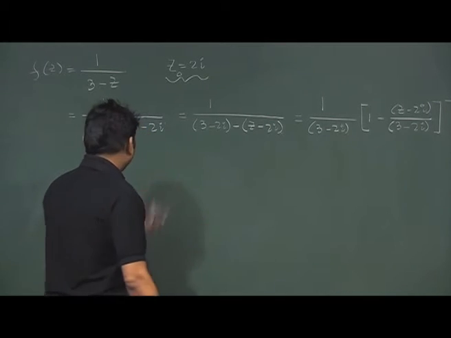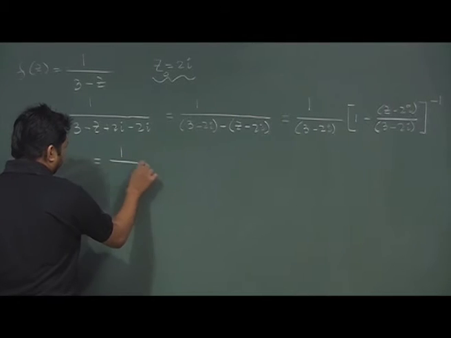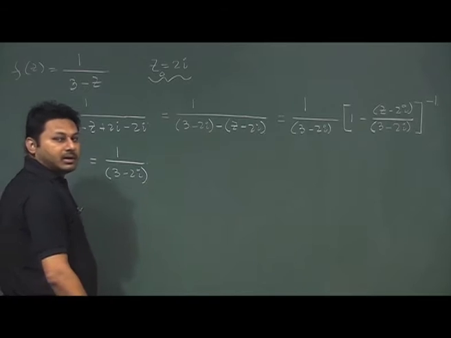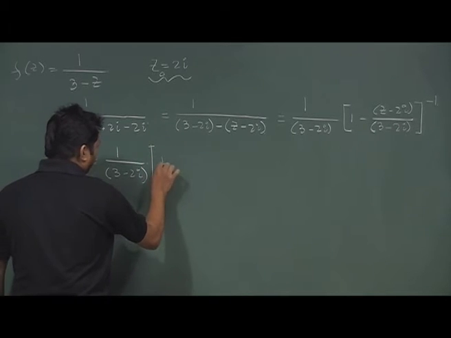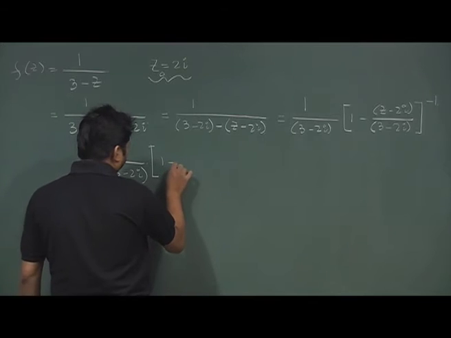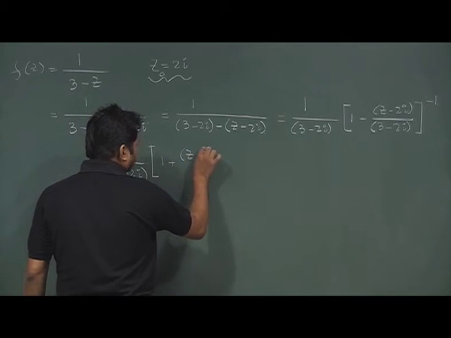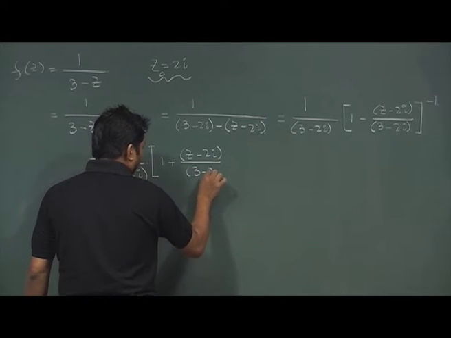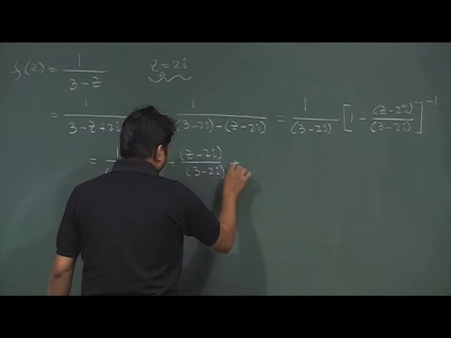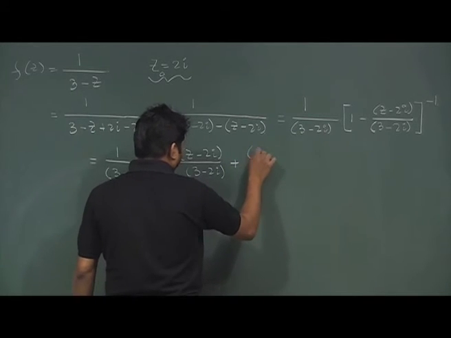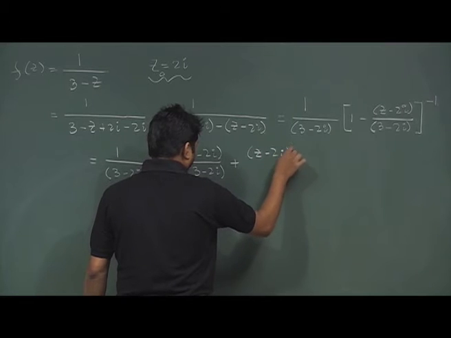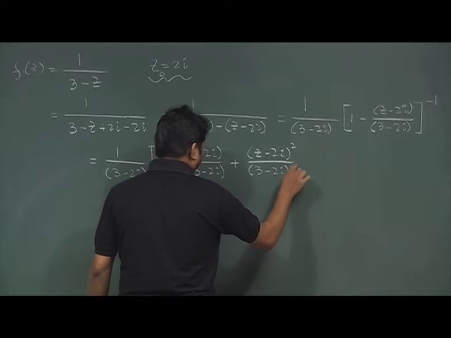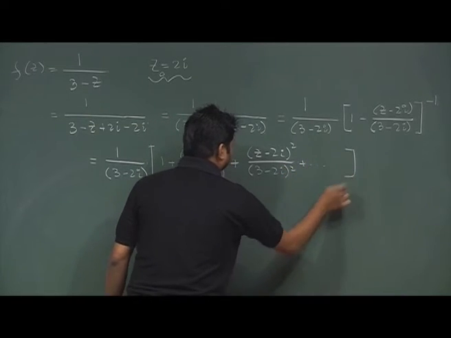Now I expand this: 1 by (3 minus 2i) times 1 plus (z minus 2i) divided by (3 minus 2i) plus (z minus 2i) squared divided by (3 minus 2i) squared, and so on.